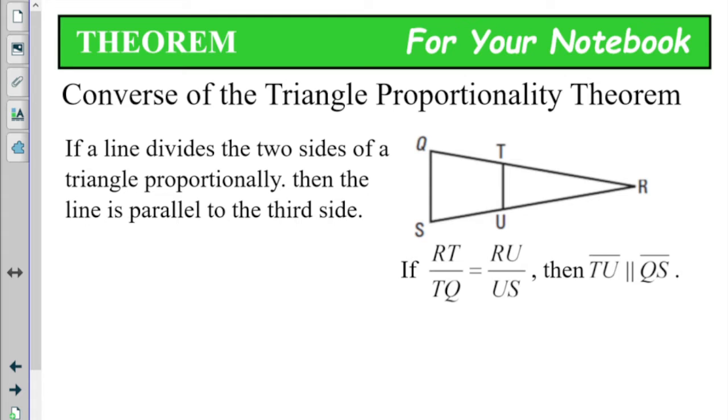So that's the next part. If the piece over piece is true, then the line is parallel. Which in this case would be T to U and Q to S. These would be parallel if that piece over piece ratio reduces the way that it's supposed to.